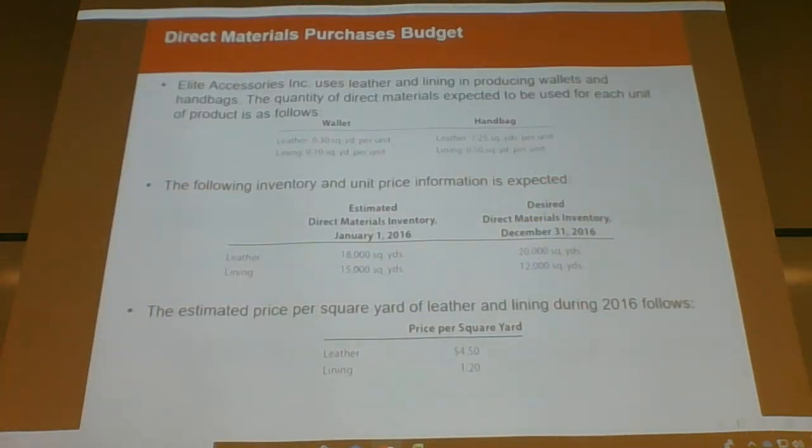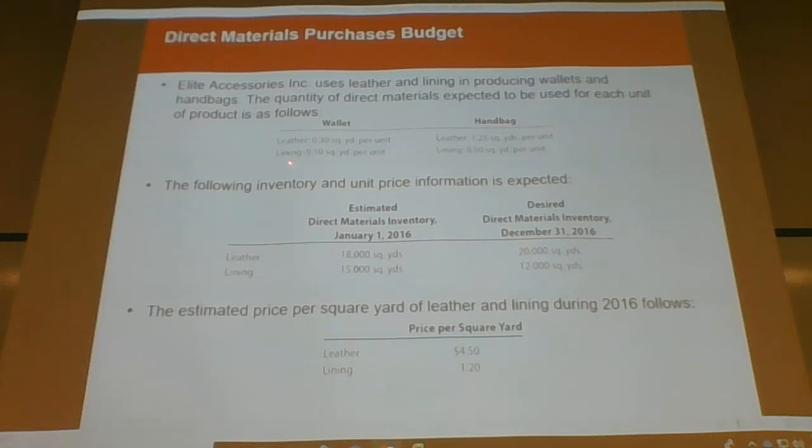So we have the exact same example as before. It's the same company. It's this Elite Accessories, and we're selling wallets and handbags. So there's a few things we have to do. We have to look at what the materials components are for the wallet. Looks like 3/10 or 30% of a square yard per wallet.